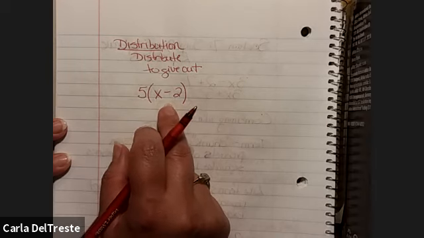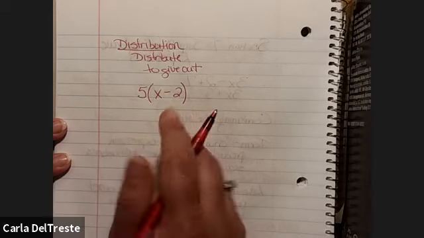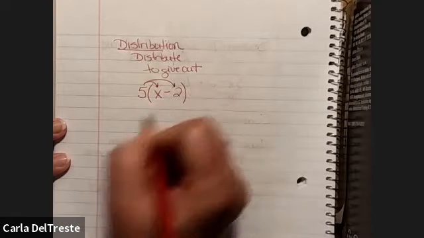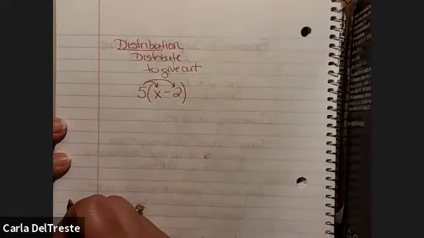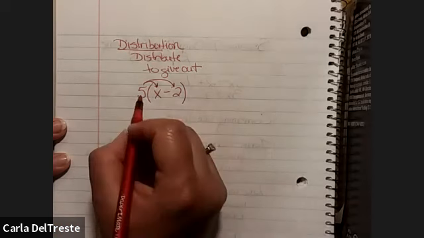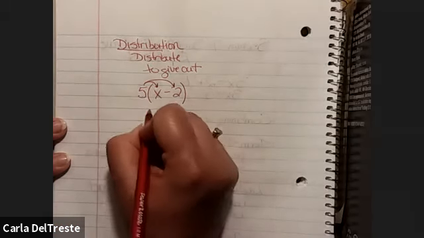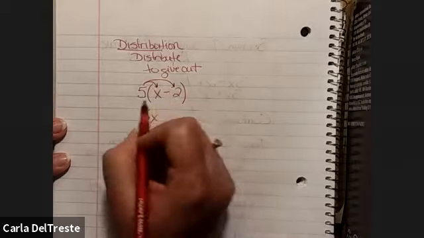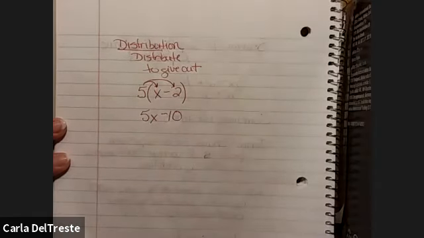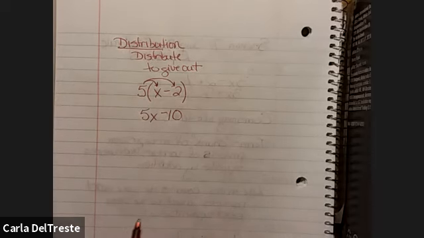I need a workaround when PEMDAS doesn't work. The workaround to get through parentheses is to bring in that outside value that is touching the parentheses. So this is going to be 5 times x, which is 5x, and 5 times -2, which is -10. Okay, this is our distribution.